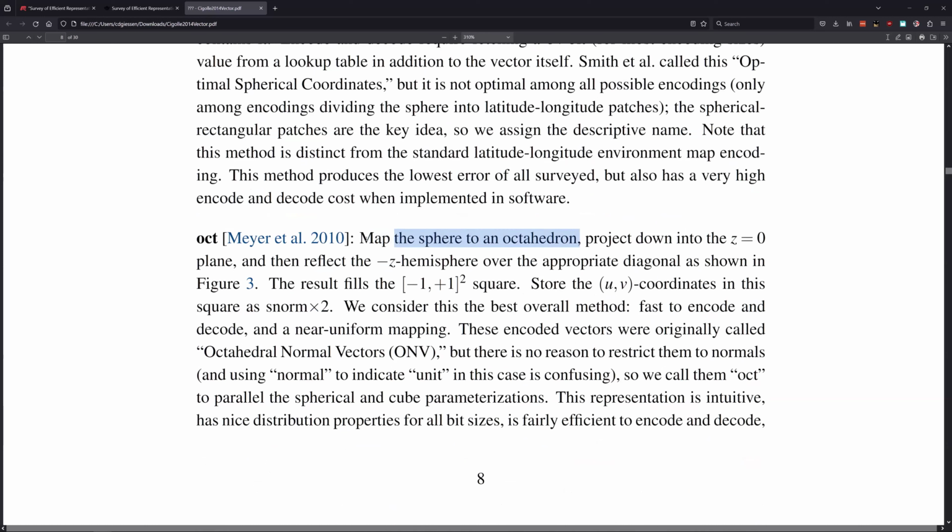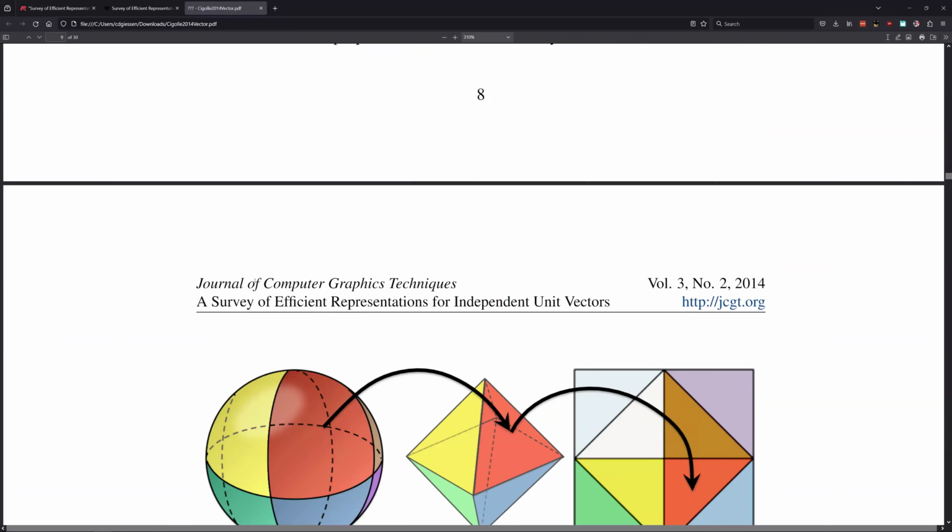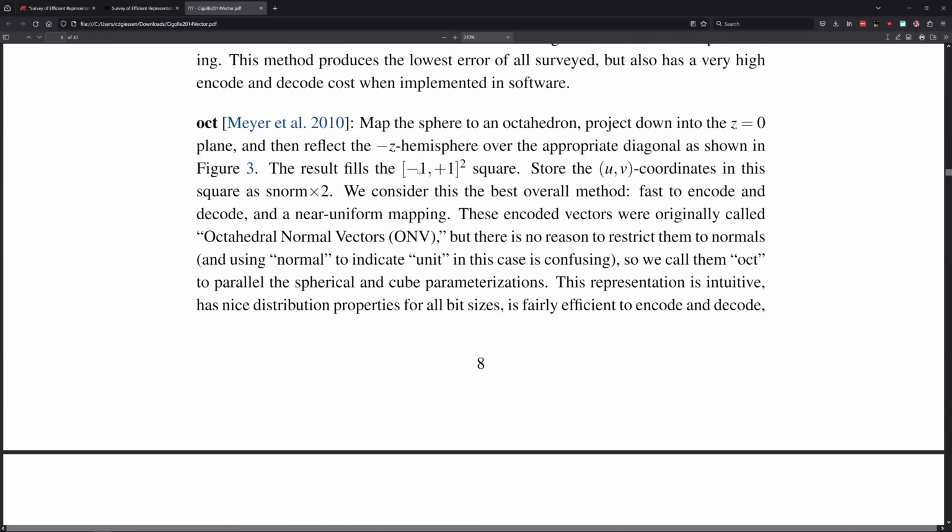So map the sphere into an octahedron, project down the z=0 plane, and reflect the negative z hemisphere over the appropriate diagonal, as shown in the next figure. The result fills the -1 to +1 square. So store the UV coordinate in the square as SNorm2.